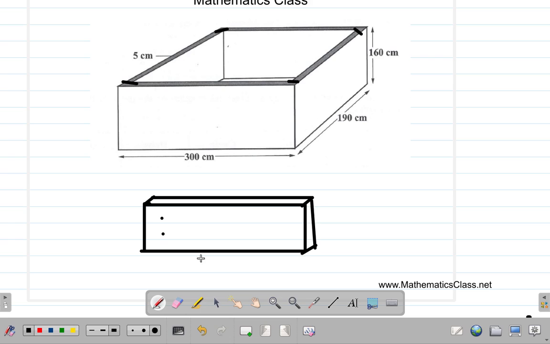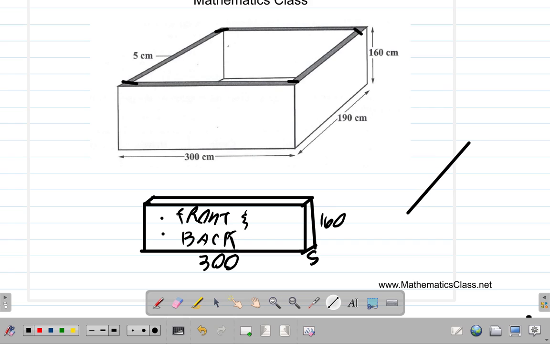It would be 300, the thickness of 5, and the height of 160. So this is the front, and also the back, if you choose to make it that way. Alright, the side now, the left and right side, will look more like this now.